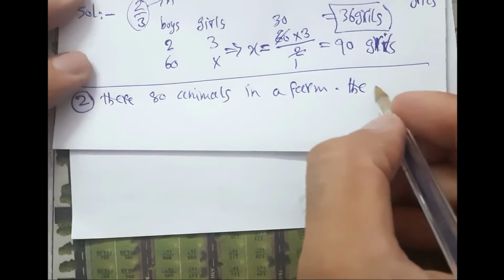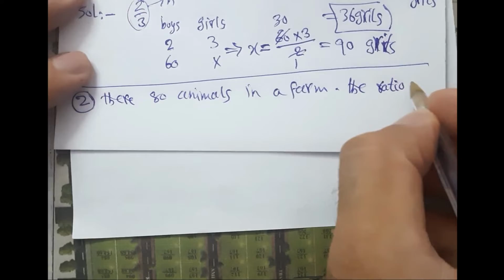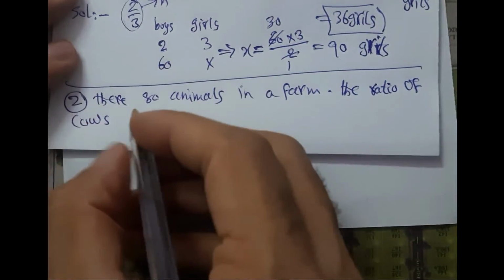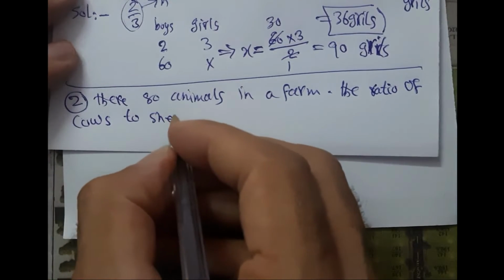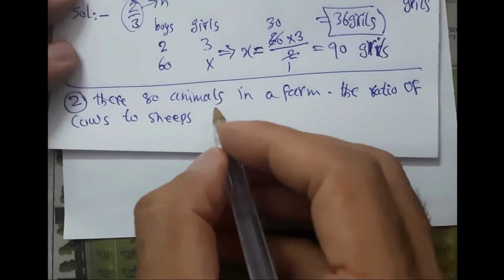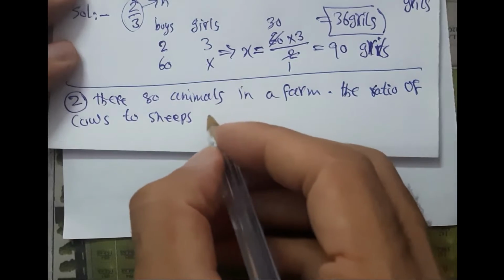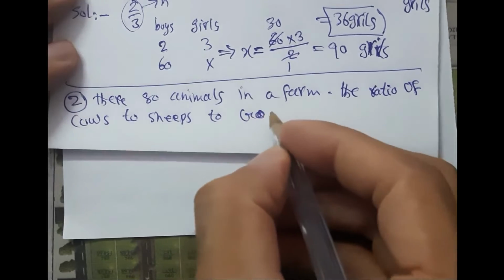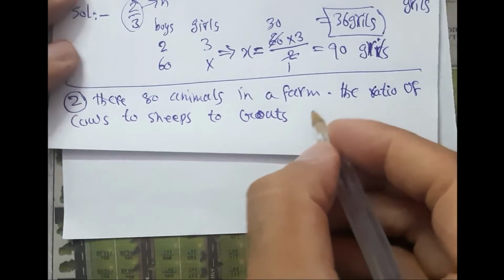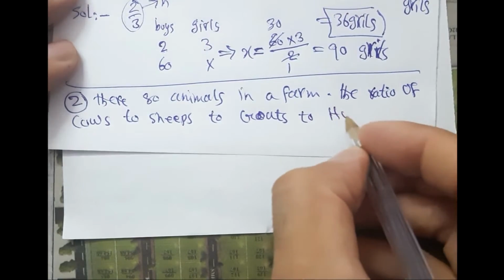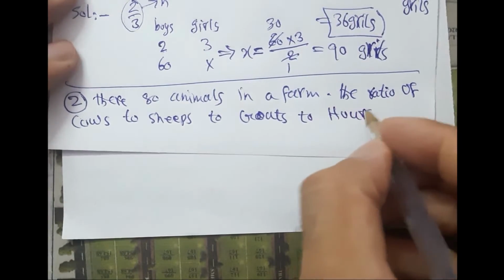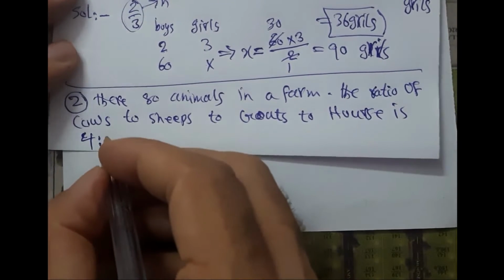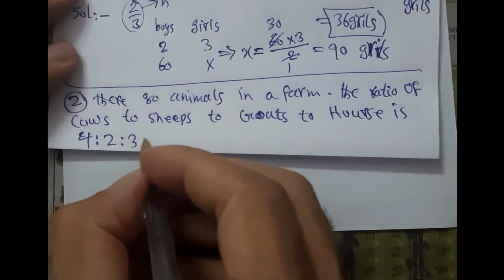The ratio of cows to sheep to goats to horses is 4 colon 2 colon 3 colon 1.